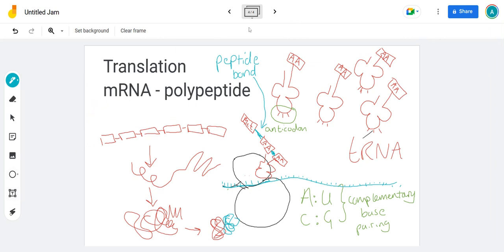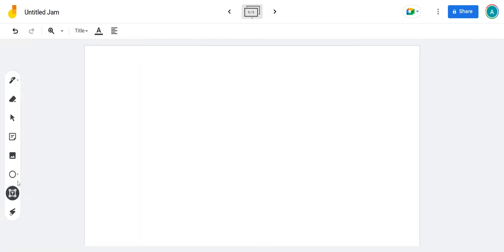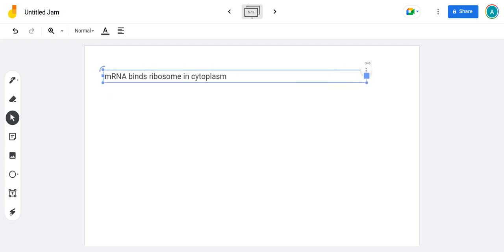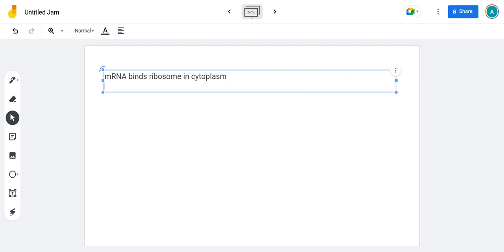Okay, let's go through the steps of translation in writing, just to help you with your notes as well, because I've done that very much in pictures. So first of all, what happens is the mRNA binds to the ribosome, and the ribosome is in the cytoplasm. Then what happens is that a tRNA with an anticodon that is complementary to the first codon of the mRNA will bind.